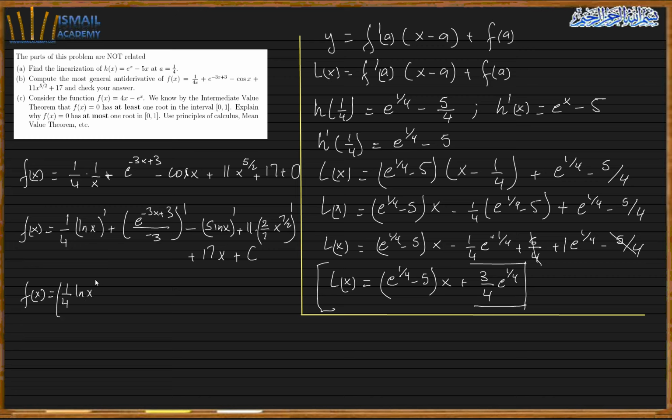Any constant outside of the derivative can be put inside, plus e to the minus 3x plus 3 over minus 3 prime, minus sine of x prime plus 22 over 7 x to the 7 halves prime plus 17x prime, plus c prime.